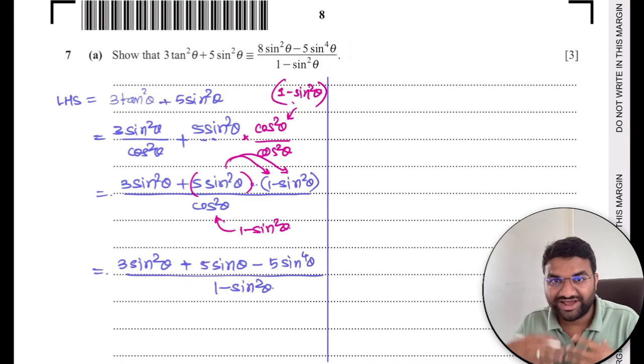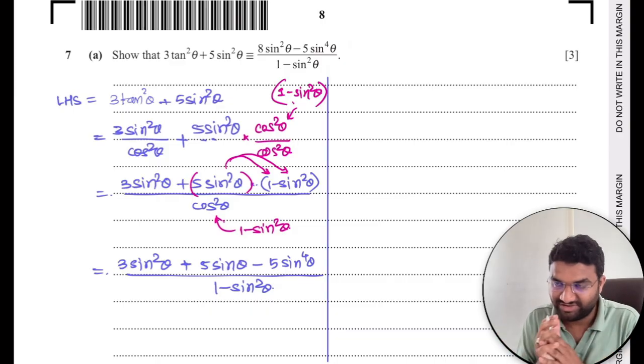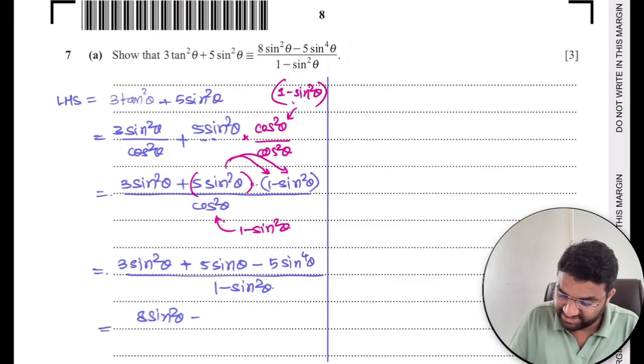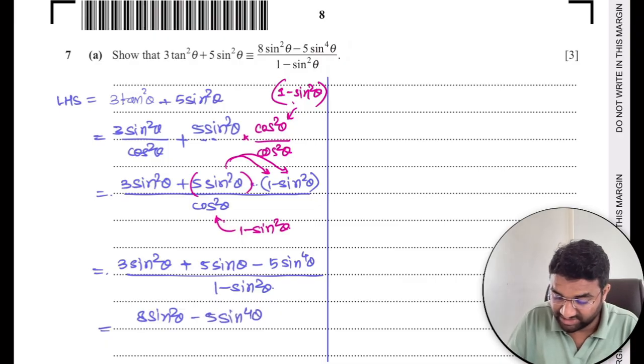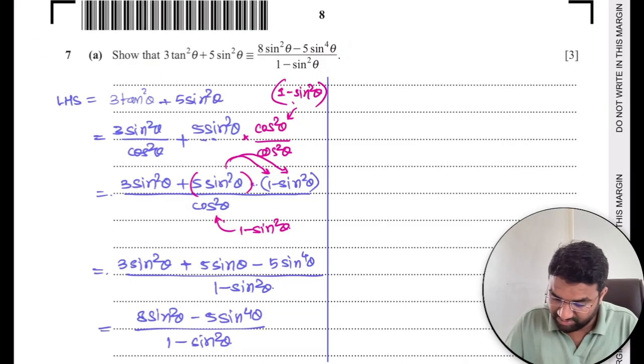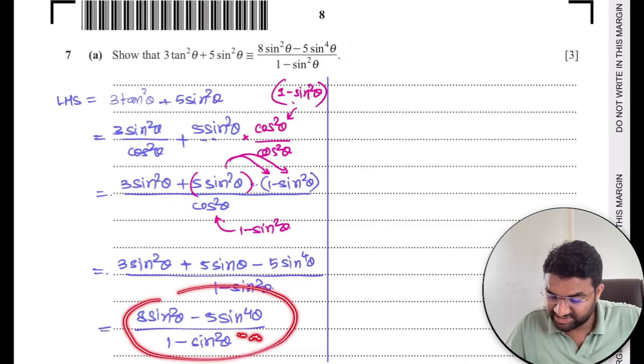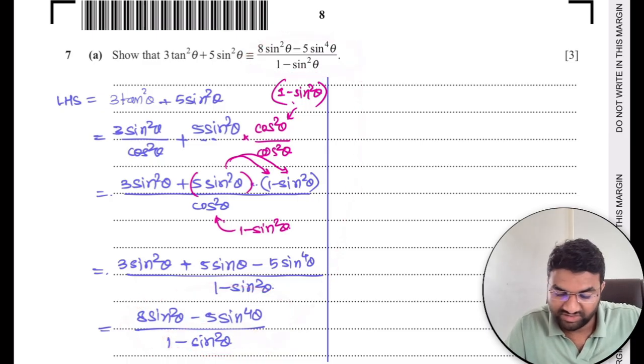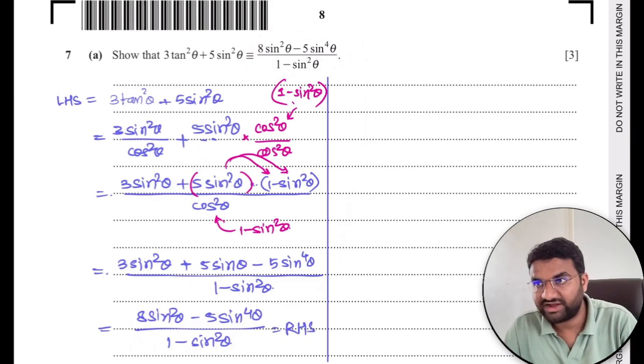Now we do the simplification: 3 plus 5 is 8 sin square theta minus 5 sin to the power of 4 theta upon 1 minus sin square theta. This is nothing but the right hand side, RHS. That is what we had to prove.